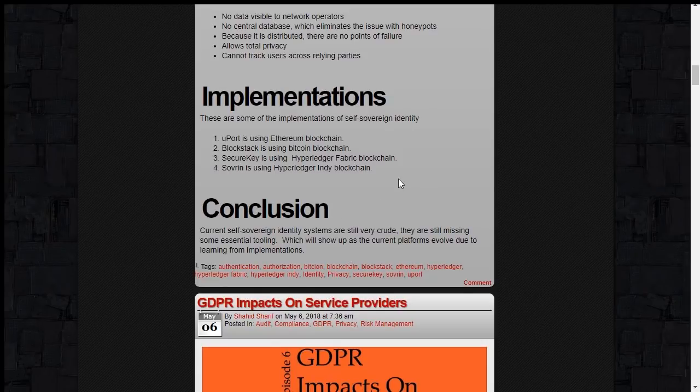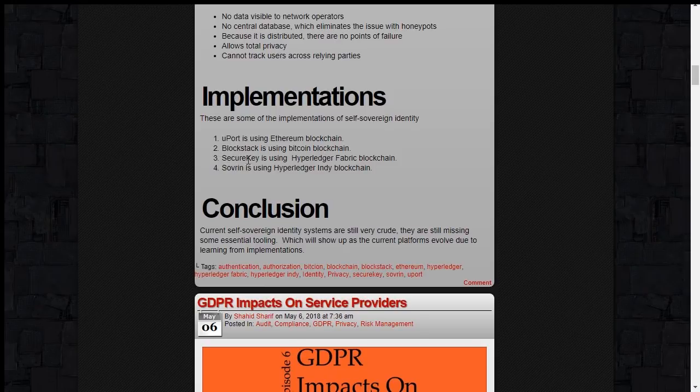So the bottom line is current self-sovereign identity systems are still very crude. They're still missing some essential tooling, which will show up as current platforms evolve due to learning from implementations. So it is not something that is going to be mainstream pretty quickly.